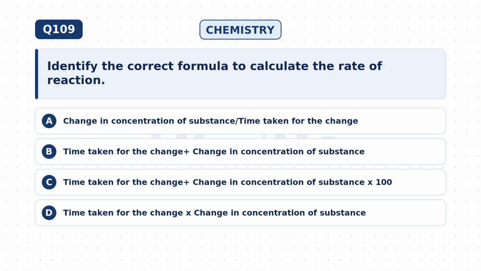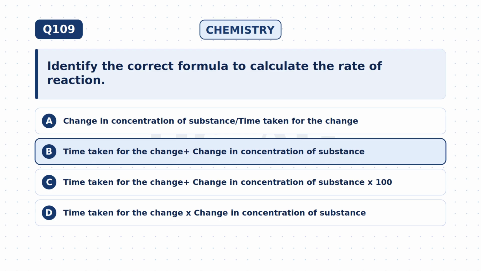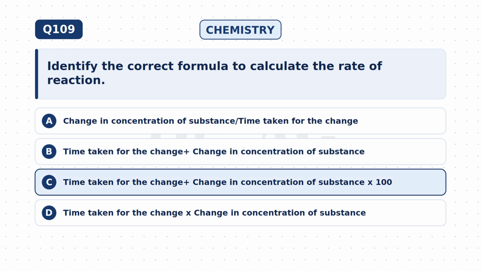Question 109. Identify the correct formula to calculate the rate of reaction. Option A, change in concentration of substance over time taken for the change. Option B, time taken for the change plus change in concentration of substance. Option C, time taken for the change plus change in concentration of substance into 100.